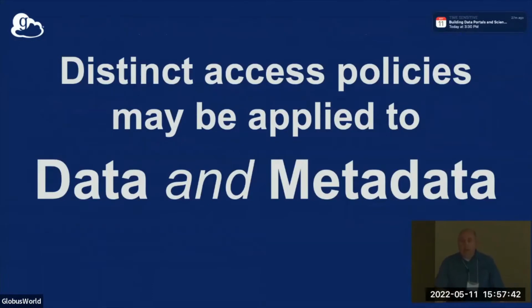The other nice thing about Globus Search is that just like we do for guest collections, where you can apply interesting access policies to your guest collections in Globus, you can also define access policies for your metadata. Whenever you put a record into the search index, you can add to it a policy statement that says, this is the visibility of this record. So you can throw records up with all kinds of different visibilities.